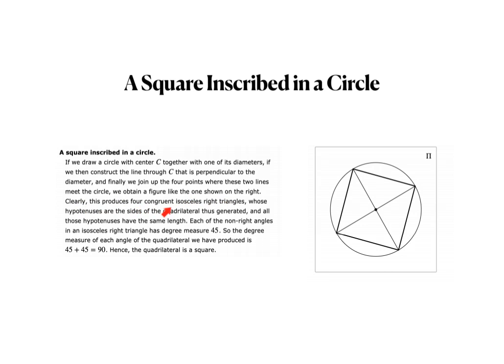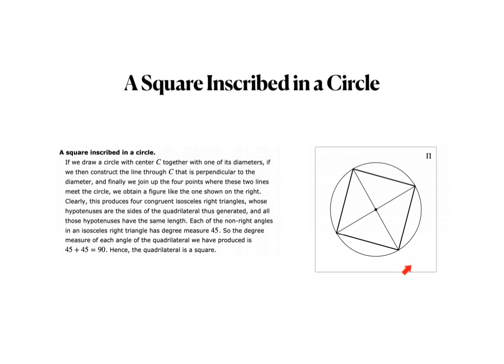Clearly, this produces 4 congruent isosceles triangles whose hypotenuses are the sides of the quadrilateral thus generated, and all those hypotenuses have the same length. Each of the non-right angles in an isosceles right triangle has a measure of 45 degrees. So the degree measure of each angle of the quadrilateral we have produced is 45 plus 45 equals 90. Hence the quadrilateral is a square.